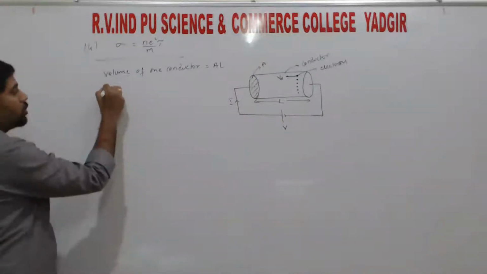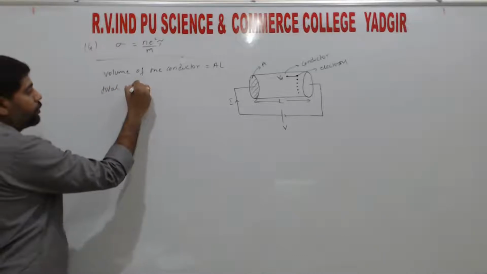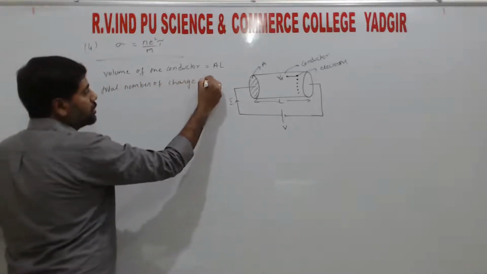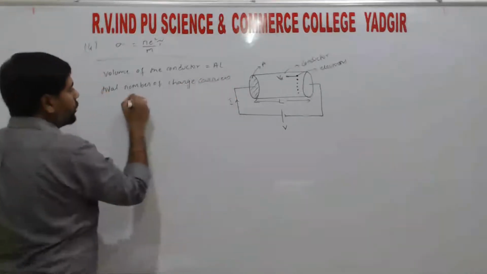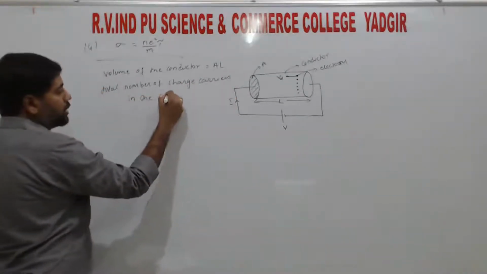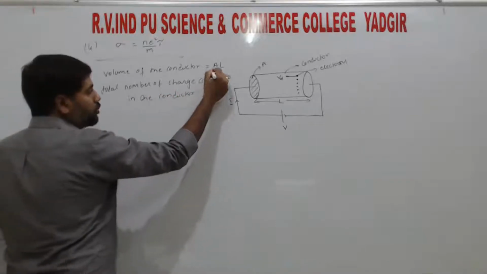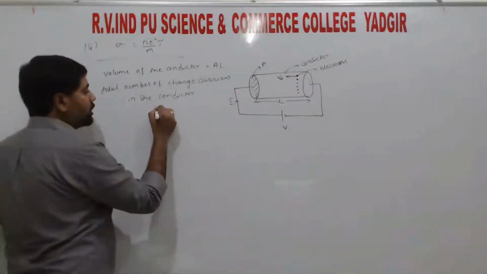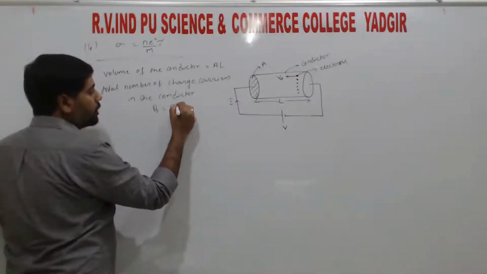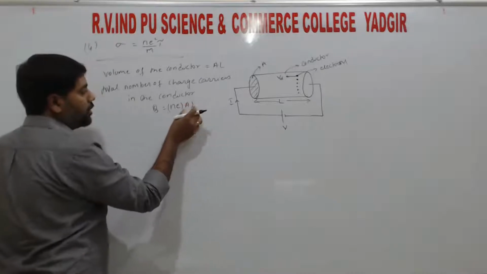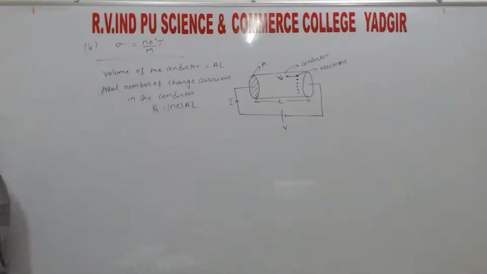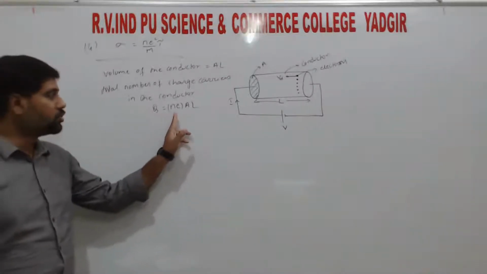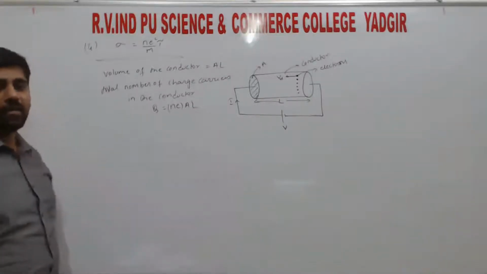Now the total number of charge carriers in the conductor, that is the charge Q, is equal to N E A L. So in that volume, the number of charges, that means number of electrons. Charge is denoted by Q, that is equal to N E A into L, right?